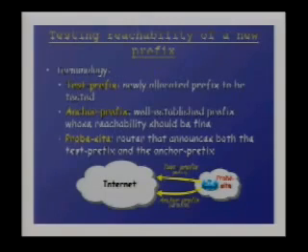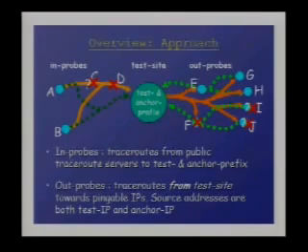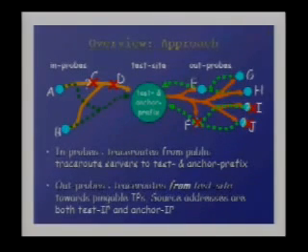There are 2 classes of probes we're going to do. In probes are probes coming from out in the internet, being sent to both of those prefixes, the test and the anchor. They're probes and they're trace routes. For the in probes, they're trace routes all the way. So you can see here, unfortunately because there's 2 screen stuff, I can't point very well.